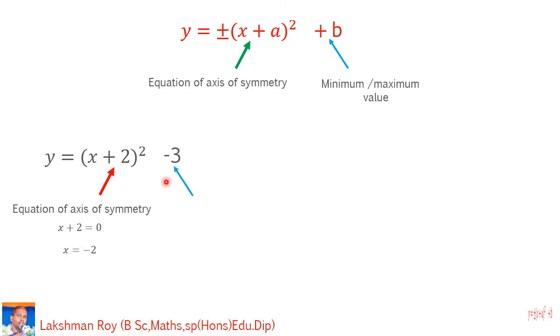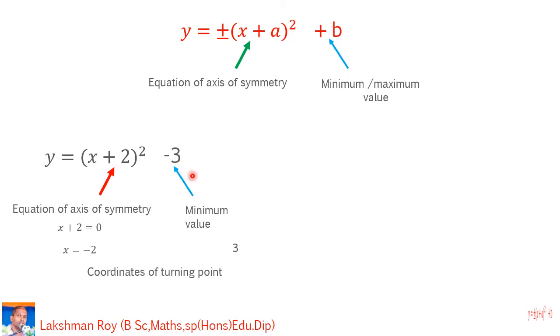Then this part, negative 3. I told you this is a parabola of minima, so that means this is the minimum value of the function, right? Just looking at the function you can get this idea. So the minimum value is negative 3.